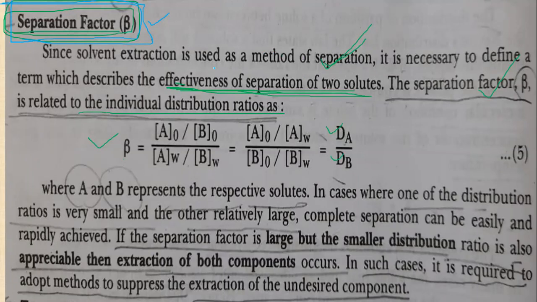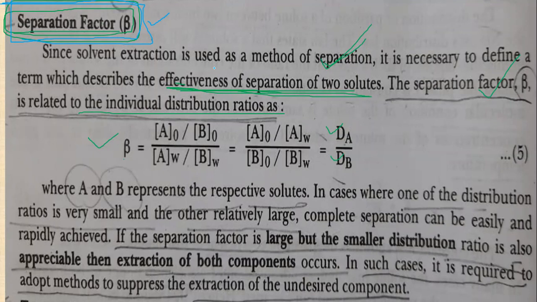As we know, we use a solvent for the separation of solute. We are extracting solute from the aqueous phase to the organic phase, right? To describe the effectiveness of separation of two solutes, in the aqueous phase there were two solutes, and to separate those two solutes from each other, we are using a solvent.